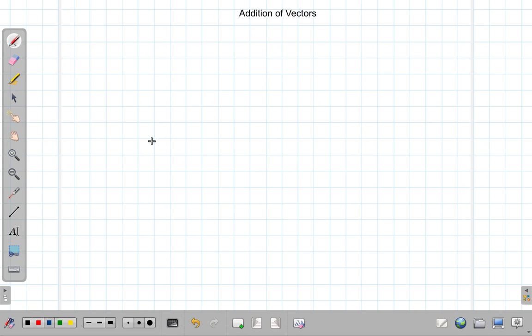Let us look at addition of vectors. Now, suppose you have a heavy table, right? And you need to push this table from one end of the room to the other, right?